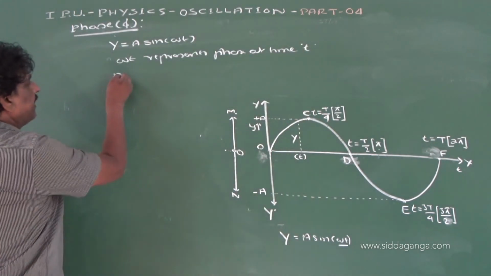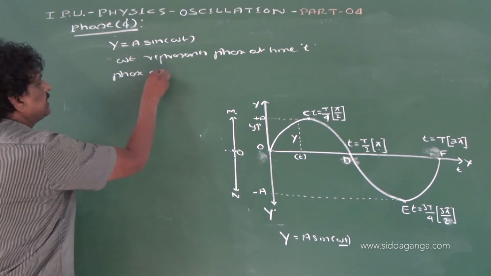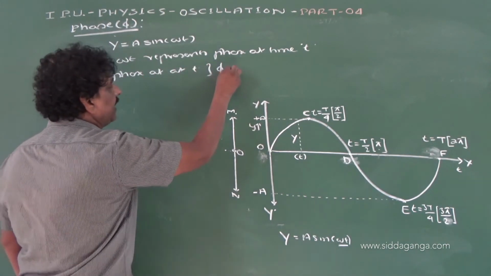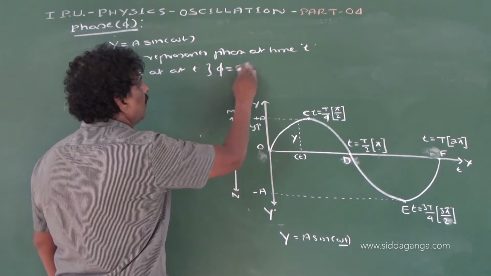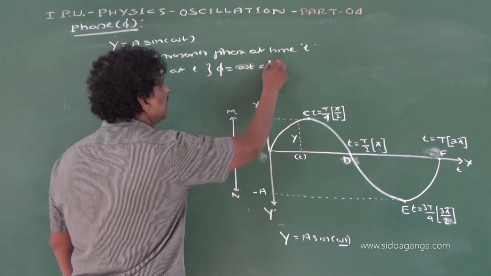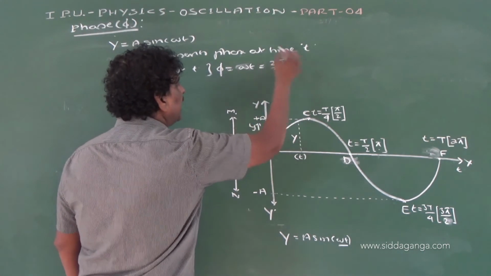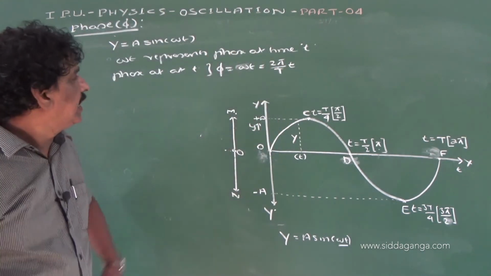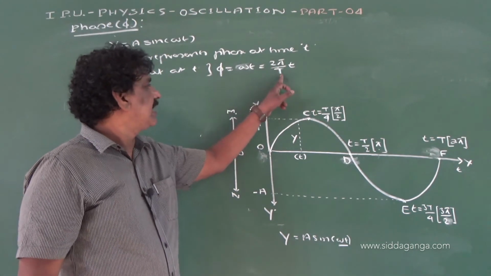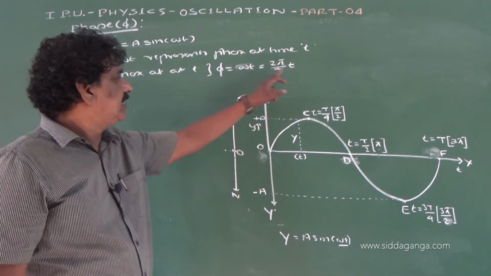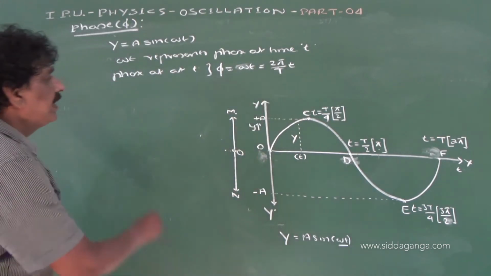That means the phase at time t, phi, is equal to omega t, that is also equal to 2 pi by T into t. Here omega is constant, 2 pi by T is constant. Now the phase changes with time.